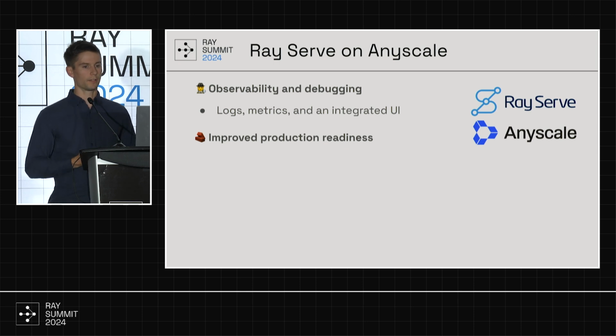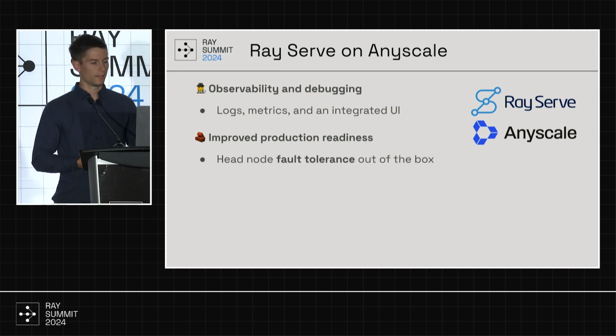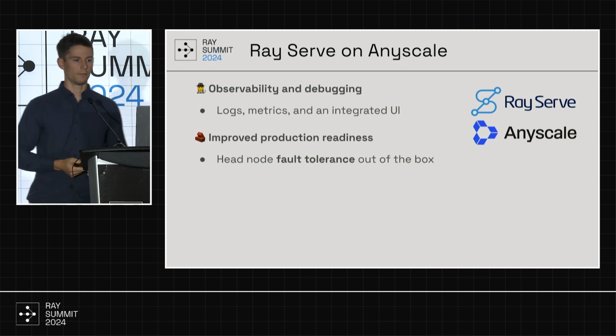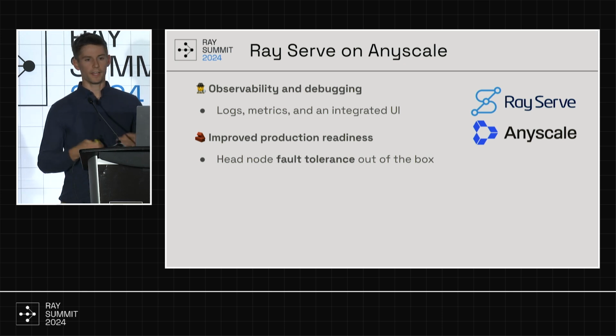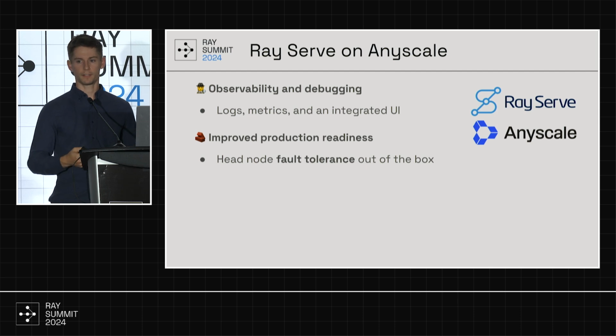Let's talk a little bit about improved production readiness. Another feature that we have on Anyscale is head node fault tolerance out of the box. Ray has this concept of a head node, and by default, it stores things in memory. While generally there aren't any issues, if you do have a hardware failure or anything unexpected goes wrong, it can cause some downtime in the application.